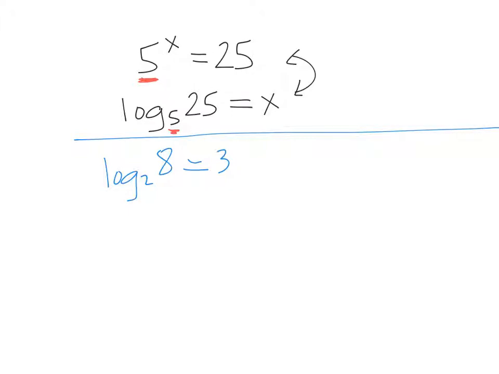The way you should be doing it is thinking: 2 to the power of what gives me 8? You're figuring out the exponent that would make that base into whatever the big number is. So here it's 3, because 2 cubed is 8.